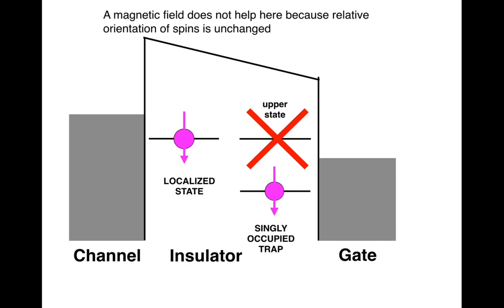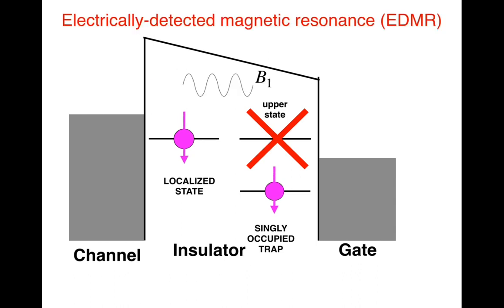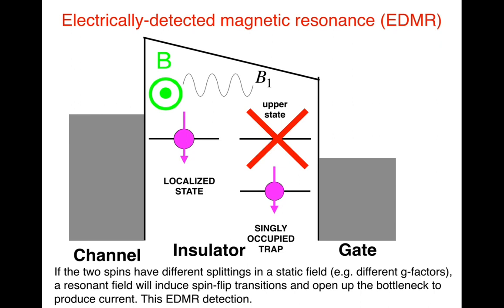All right, magnetic field. Before, we alleviated the blockade by applying a magnetic field, but if we do that here, it actually doesn't help if we have a uniform magnetic field, because they're both going to have the same precession. A uniform magnetic field does not change the relative orientation. But we can add in an oscillating field, B1, and of course now we have magnetic resonance.